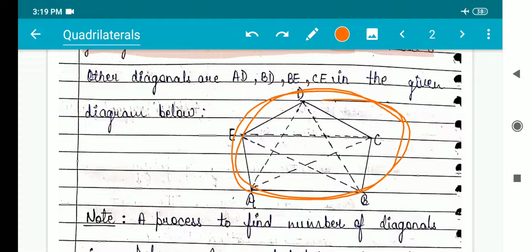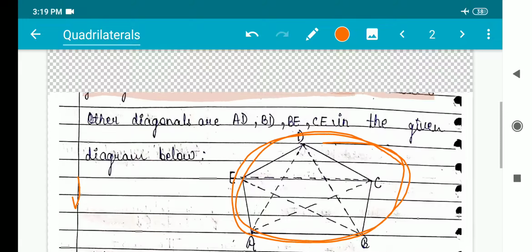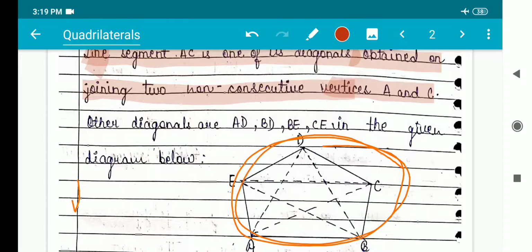If we connect B to E, then it is also a diagonal. This is simply called a diagonal. And the total diagonals present in this pentagon are AC, AD, BD, BE, CE in this diagram.